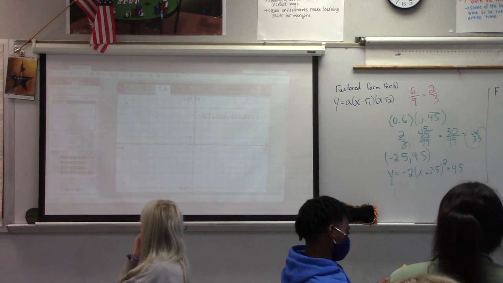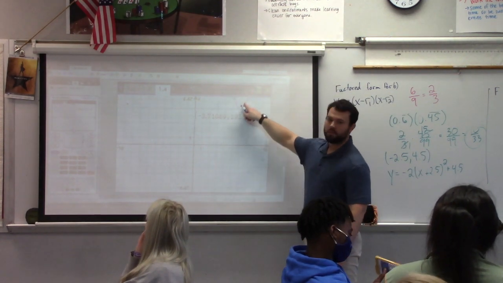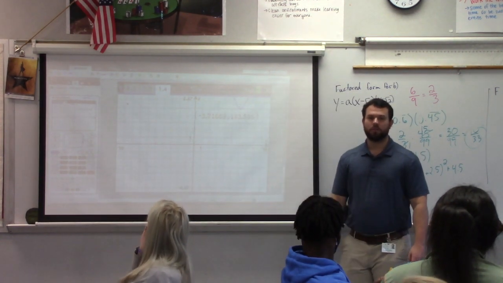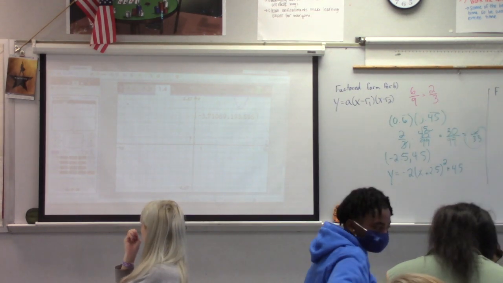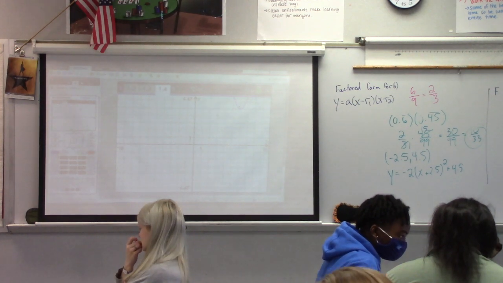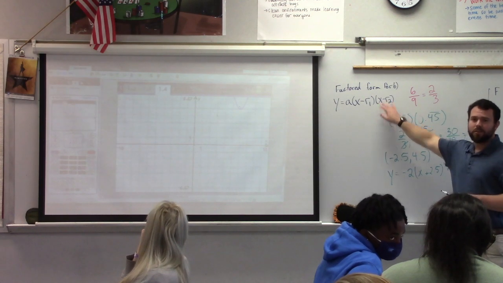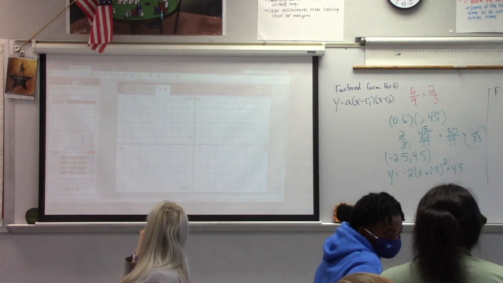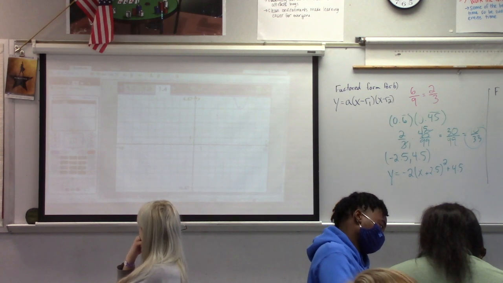The minimum would be the little bottom, the coordinates of the vertex. We started in what form? What are we trying to get? The x-intercepts. I don't have x-intercepts. So can I get factored form this time?